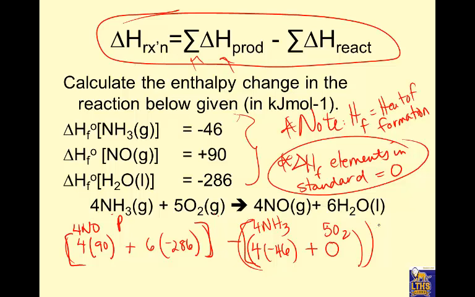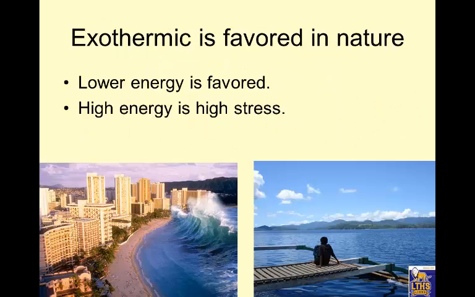I add these together and subtract: negative 1,356 minus negative 184 plus a positive, and I get negative 1,172. What is the answer for this? This is kilojoules per mole, but when I multiplied by that coefficient, that was per mole, so this is kilojoules. Rock on, delta H.